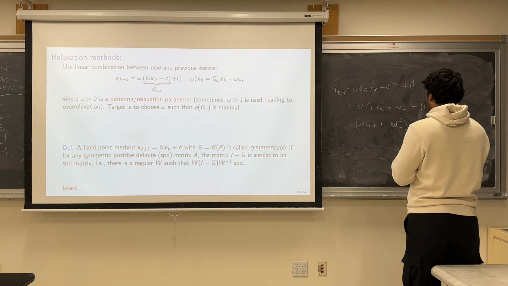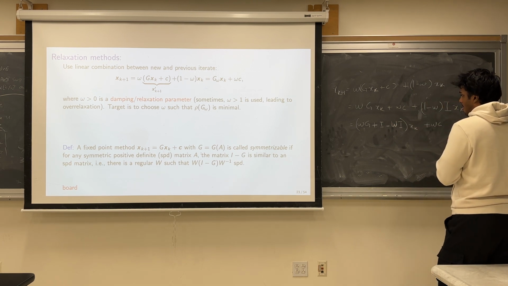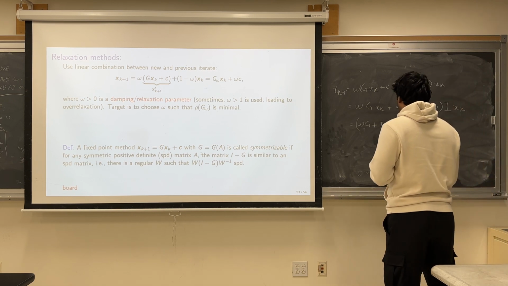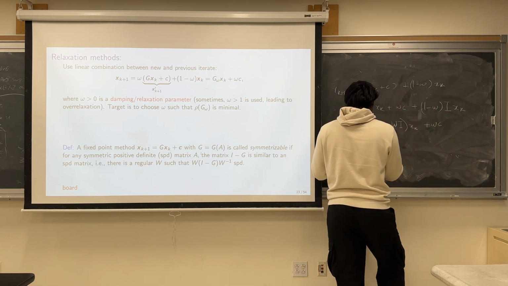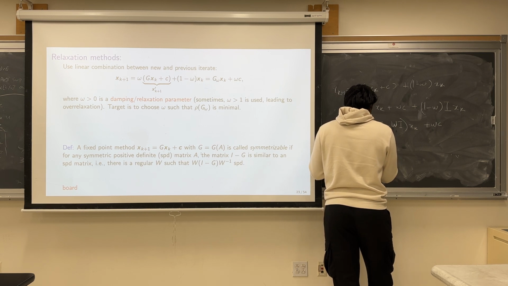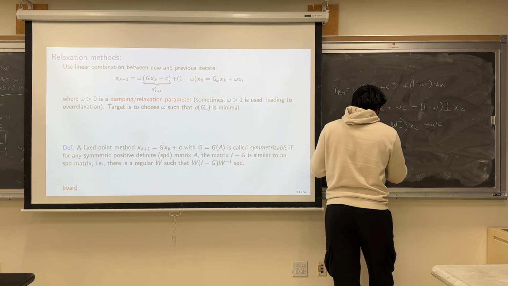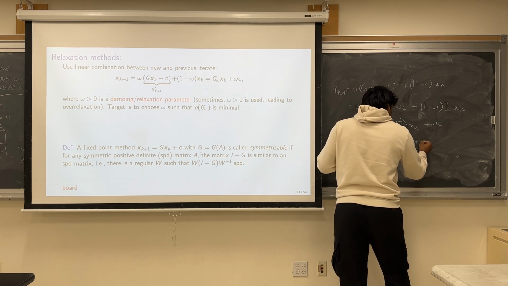Now I am seeing something like identity minus omega times I minus G, xk plus omega c.